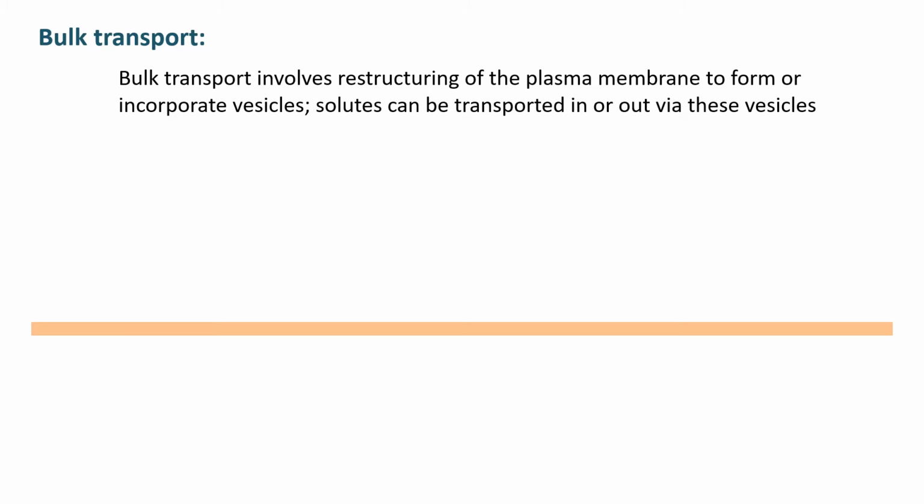And this is what happens in bulk transport. So bulk transport involves the restructuring of the plasma membrane to form or incorporate vesicles so that solutes can be transported in or out via those vesicles.